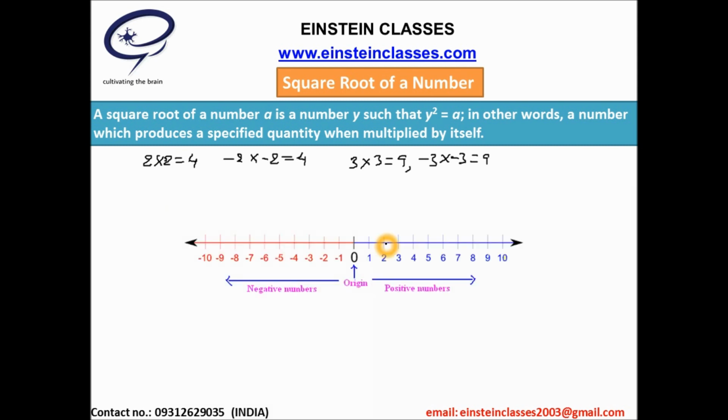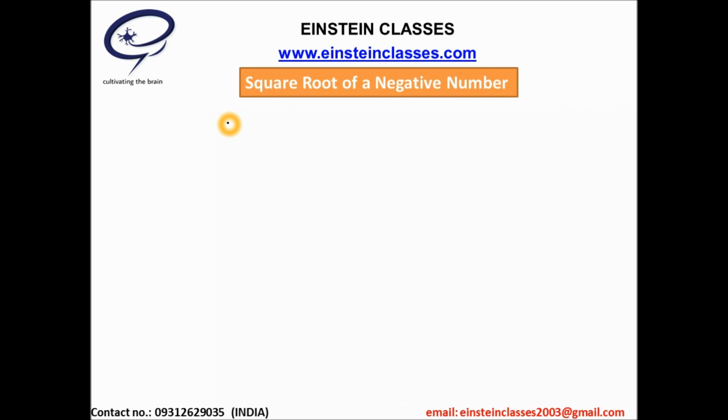On the number line, if you multiply 2 by 2, you get 4. Multiply minus 2 by minus 2, then you get 4, right? From this discussion we can say that the square root of a positive number will exist on this number line, right? Now I am going to discuss the square root of a negative number.